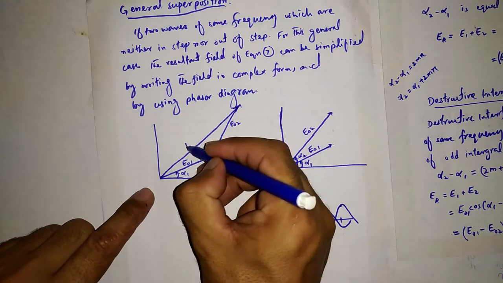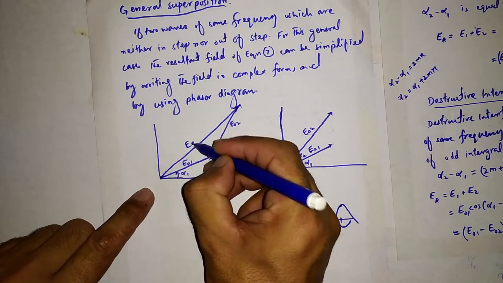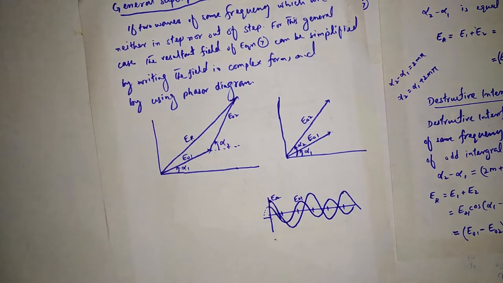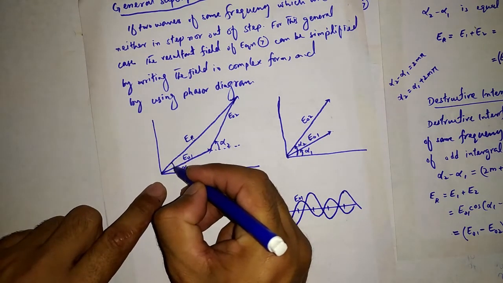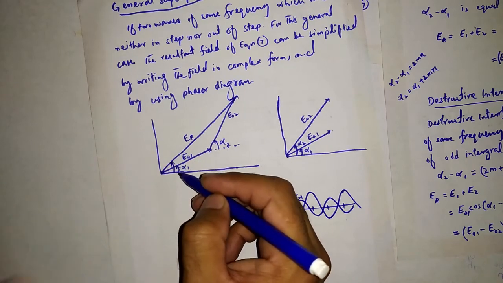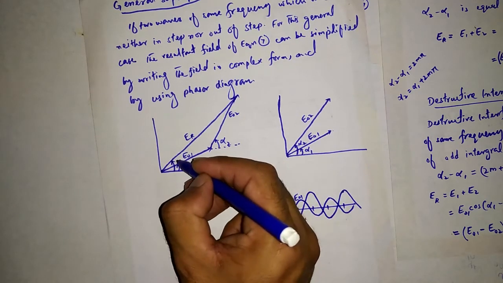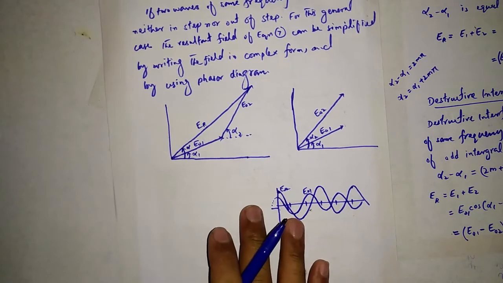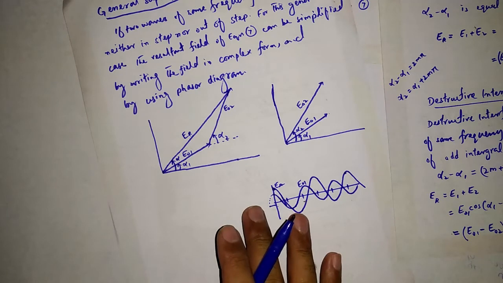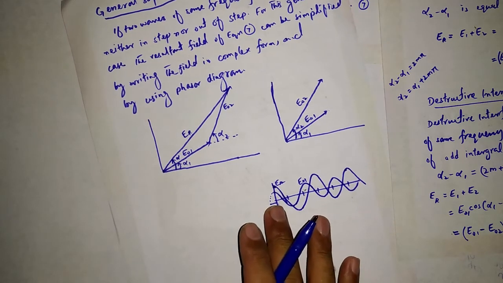Clear? This has the amplitude ER. This is the resultant wave, and it has a phase angle of this one, which is about alpha. Clear?